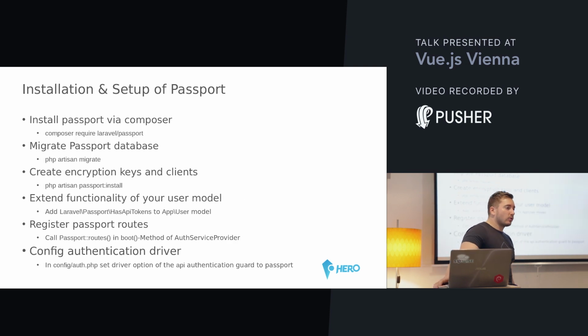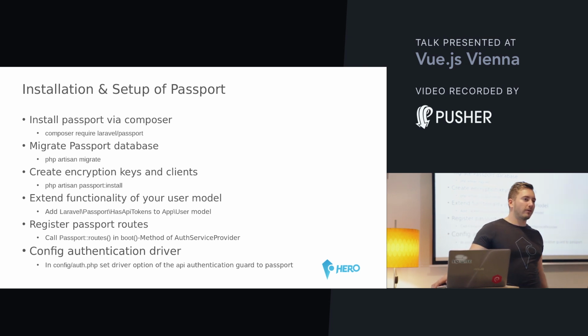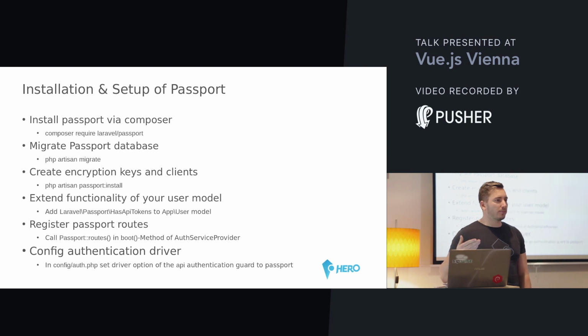So what are you doing if you want to use Laravel Passport? First of all, you need to set up a Laravel project. I will not go into that. But if you have the Laravel project, you just install Laravel Passport with Composer. Composer is the package manager of Laravel. And you just say composer require laravel/passport, and then this package is included into your project.